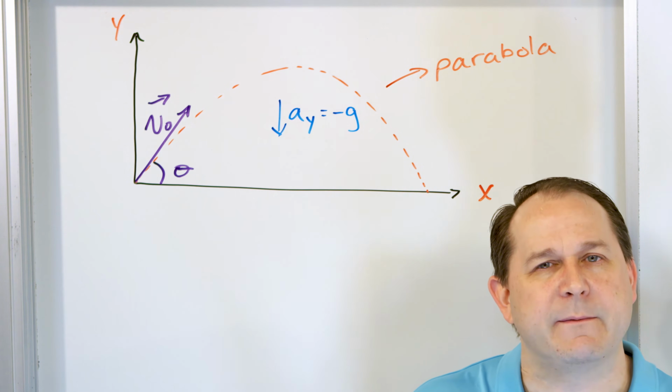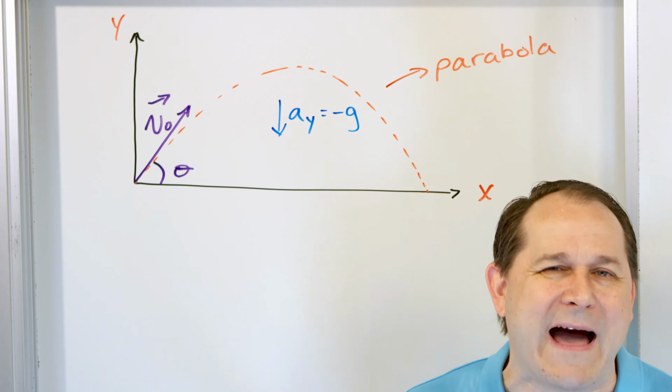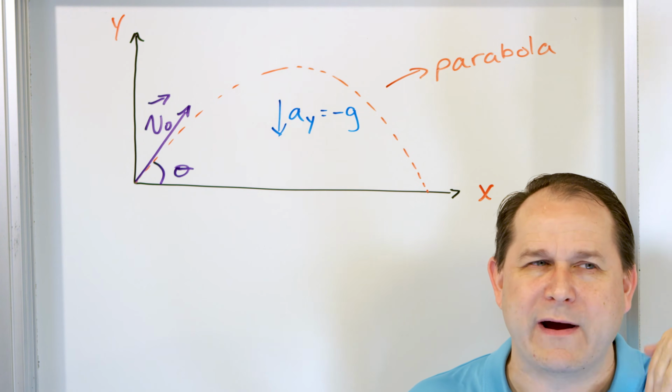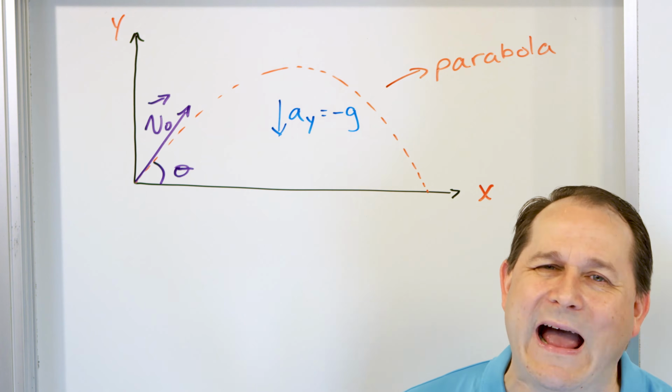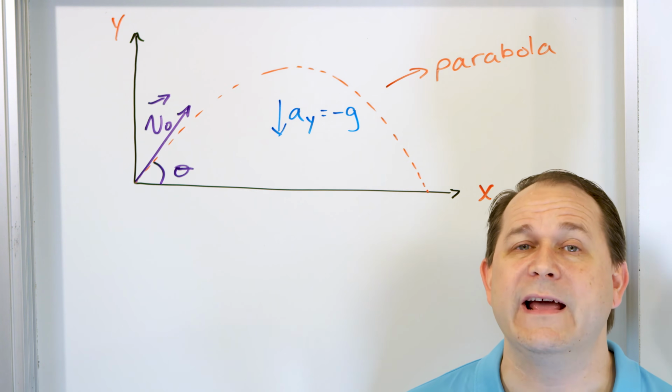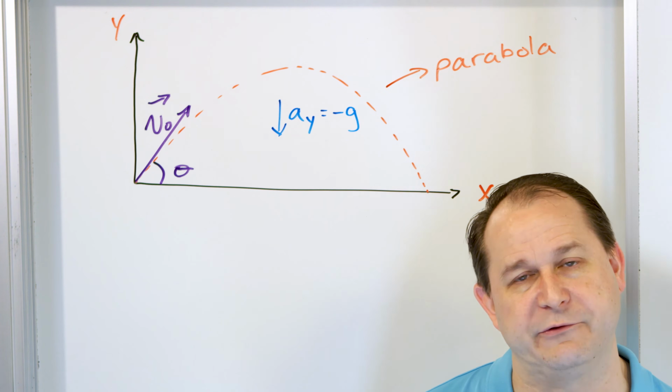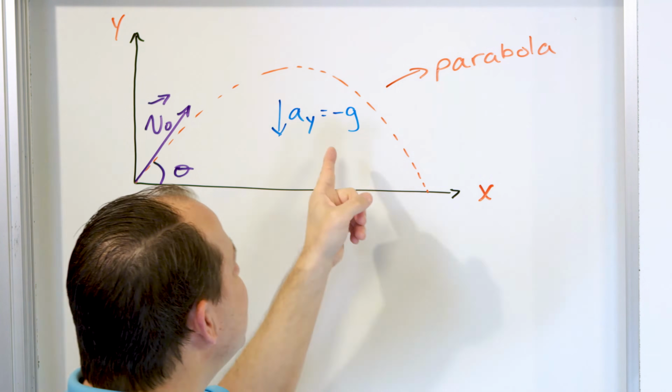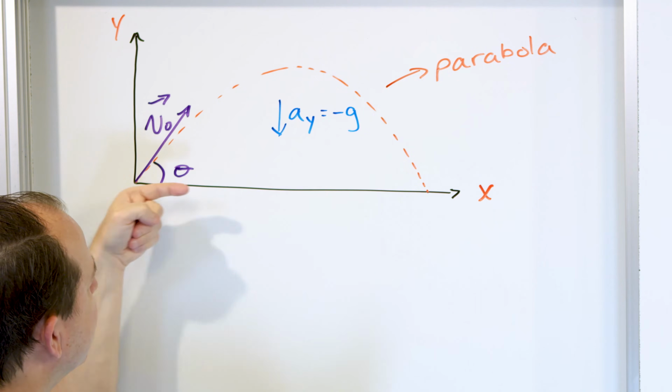The force of gravity is really only acting in the vertical direction. It only affects the vertical part of the motion. Gravity has no effect on the horizontal part of this motion.